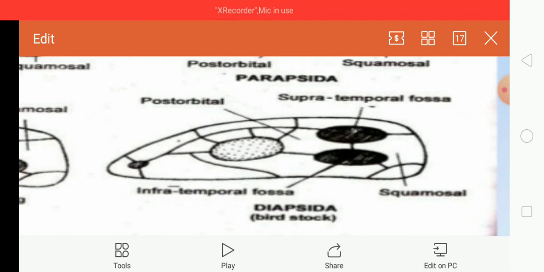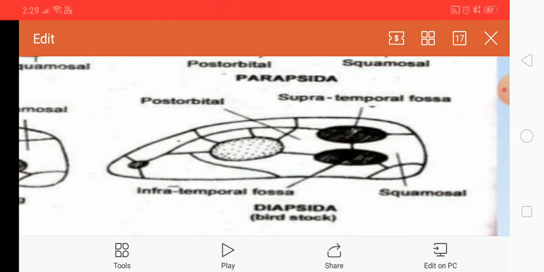Okay, the supratemporal fossa, which is found towards the roof of the skull, is flanked by the postorbital, parietal and squamosal.